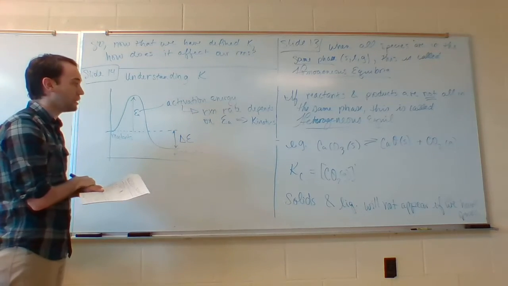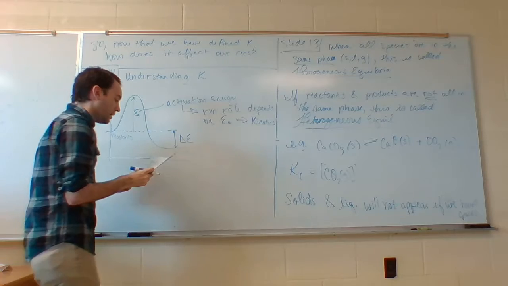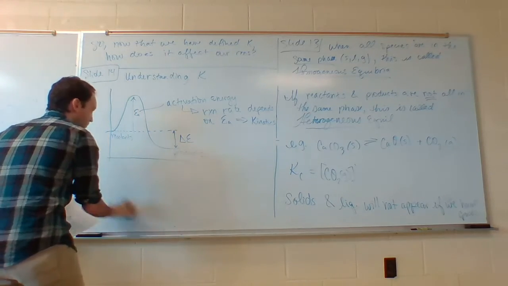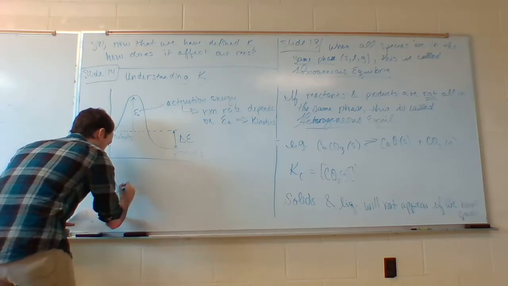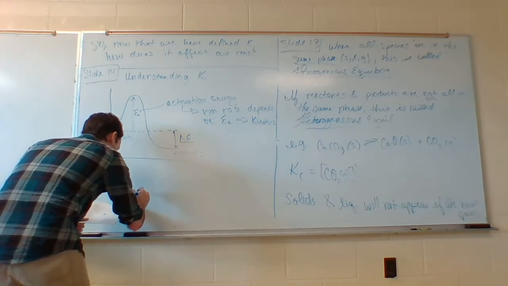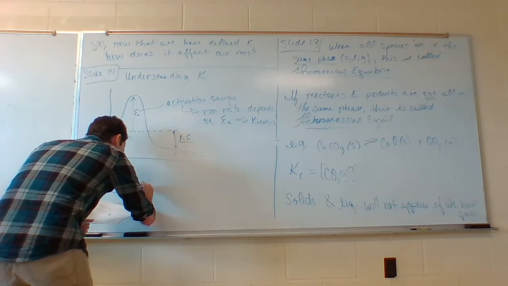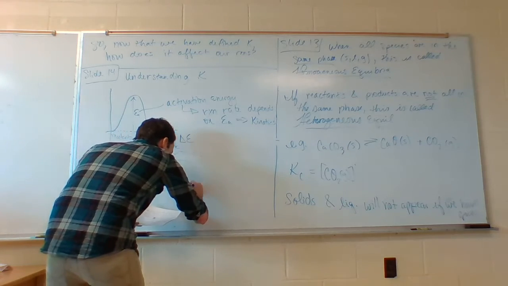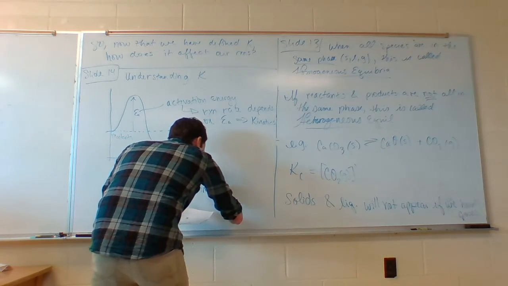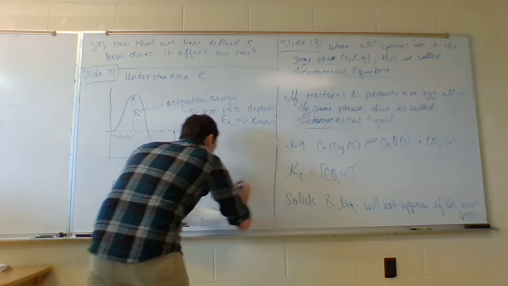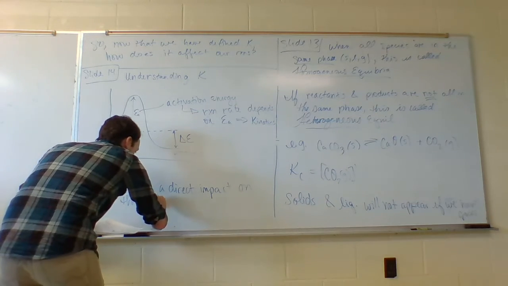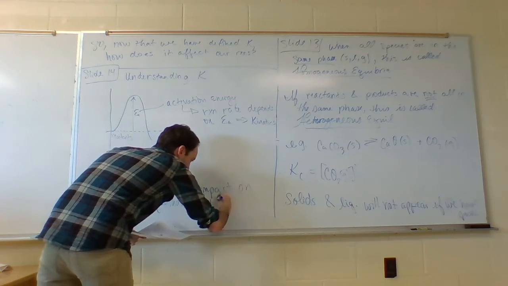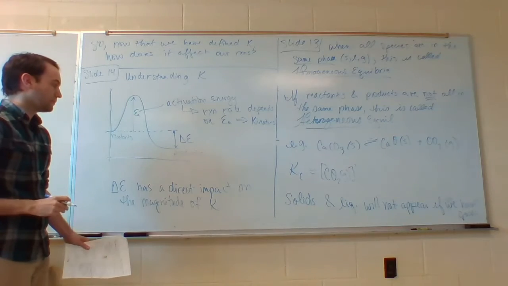Now, the difference between our reactants and our products, that's what's called delta E, or our change in energy. Now, that delta E has a direct impact on the magnitude of our equilibrium constant.